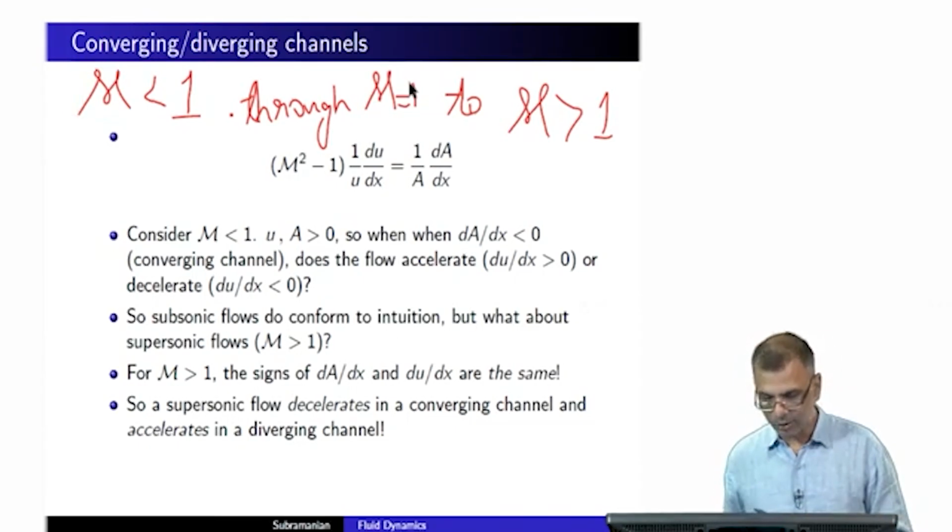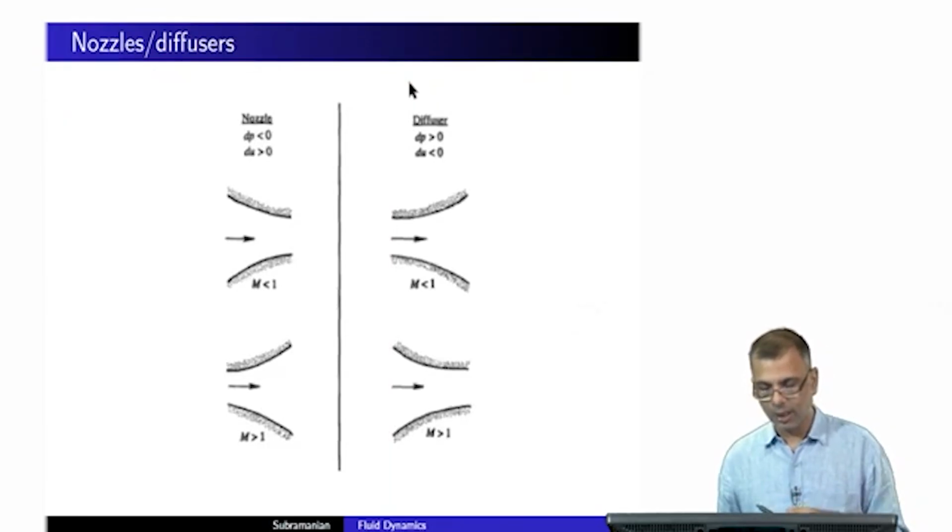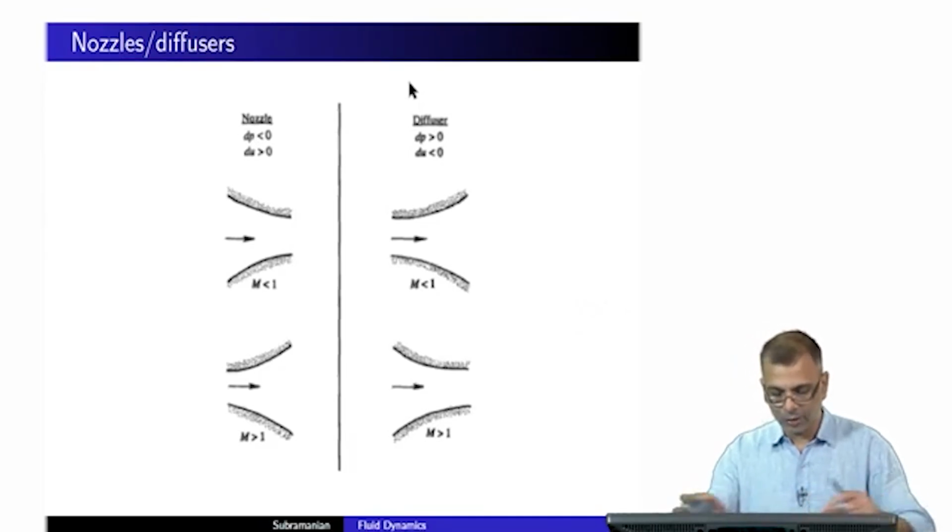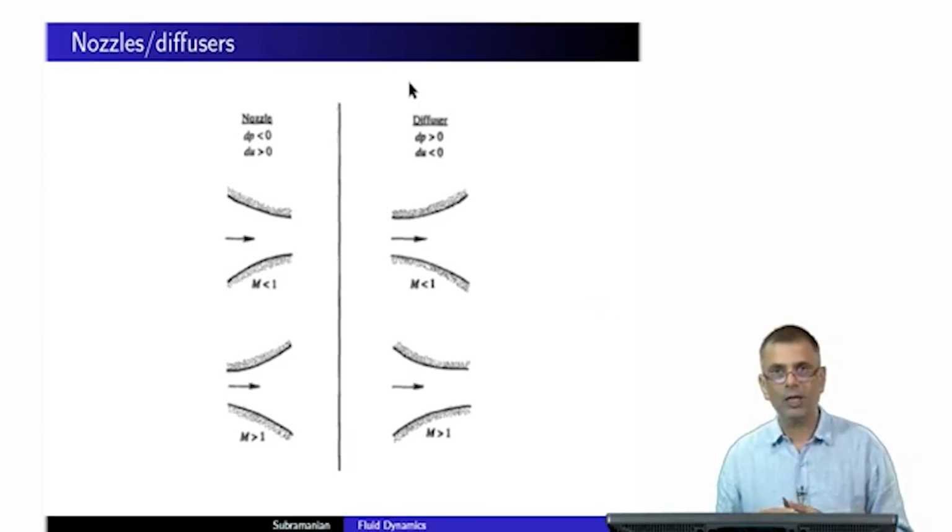This is an example of what's called a de Laval nozzle. You can marry these two kinds of converging and diverging channels together to get some very interesting behaviors.